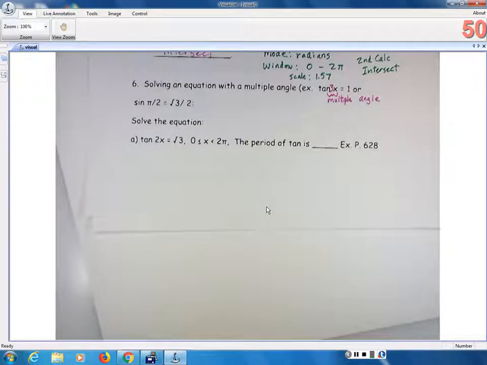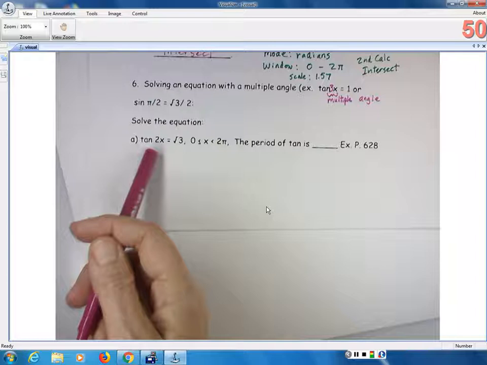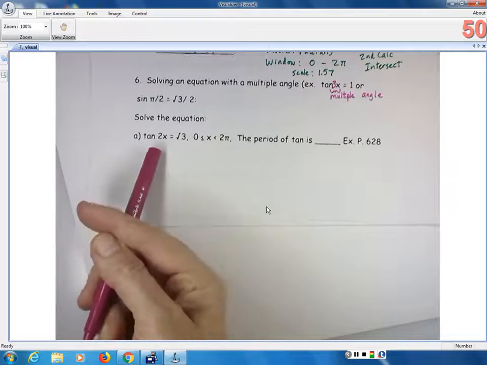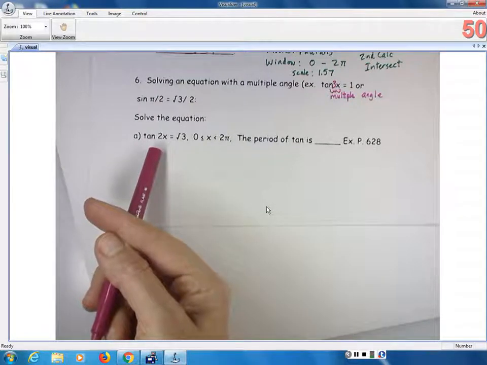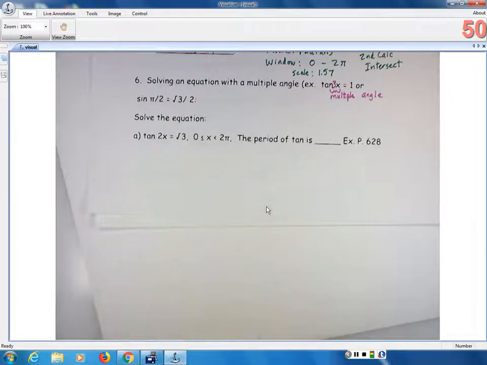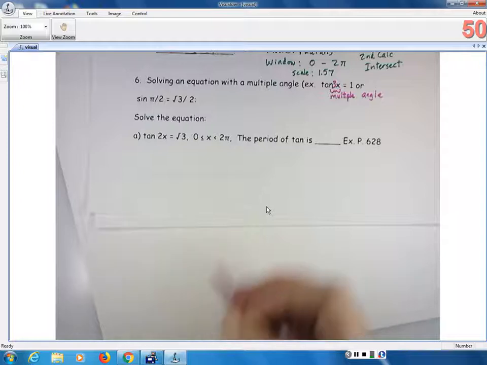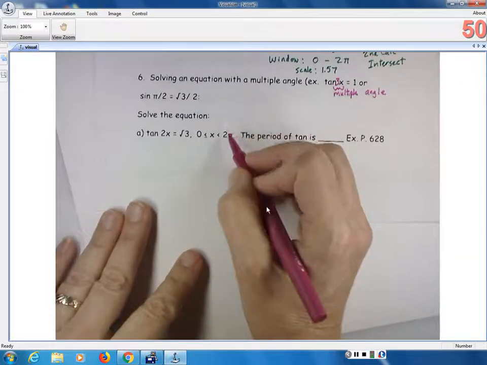So if this wasn't by itself on one side, okay? And it says between 0 and 2 pi. I think they made a mistake.